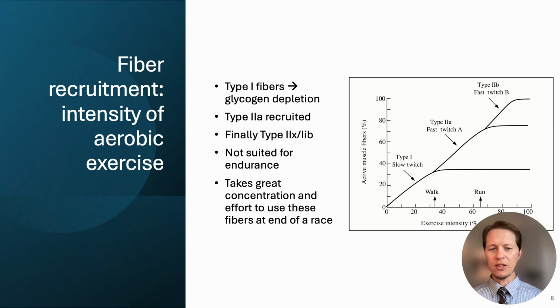By the way, running a marathon is a classic example, but anything that requires hours of effort, a mud run, an obstacle race, you'll eventually exhaust your type 1s and have to rely on type 2A, and then finally at the very end of the race, type 2B. And these are not suited for endurance and running, and you're just literally plodding away. It almost feels like you're doing muscle contractions and leg presses every time you run, because you really only have the type 2Bs left. These are tapped out. It's very interesting when you think about that.